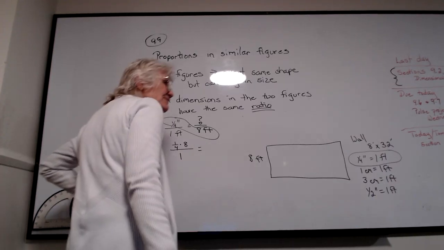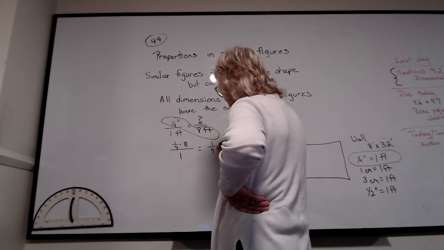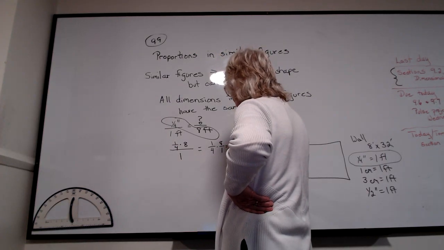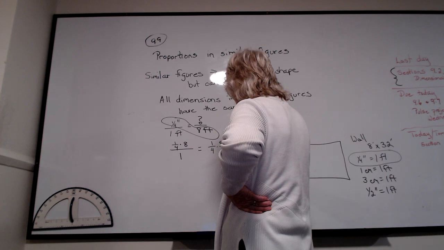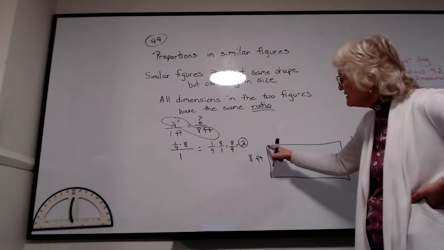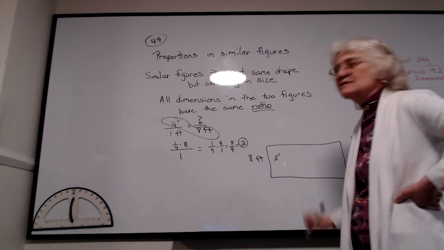So 1/4 times 8/1 is 8/4, which reduces down to 2. So we are going to make this one on our paper 2 inches.